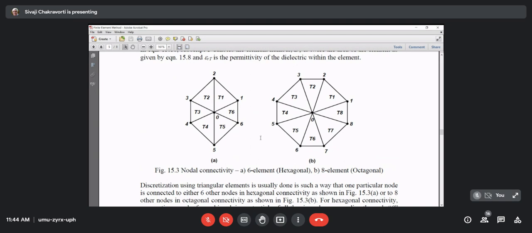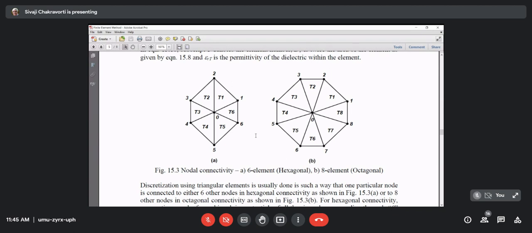Then we have to mark these triangles. For example, in hexagonal, we mark it as T1, T2, T3, etc. That means triangle 1, triangle 2, etc. And in octagonal, T1, T2, etc. up to T8. Having said that, then we have to mark the node numbers in that anti-clockwise convention.